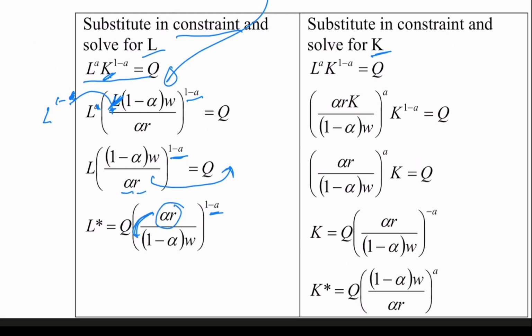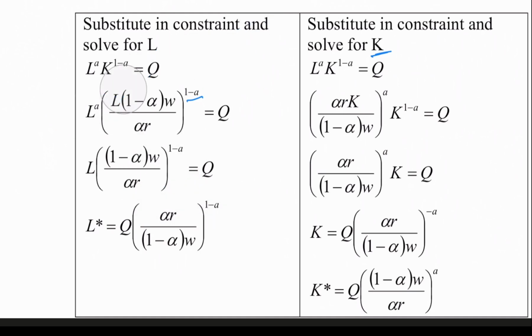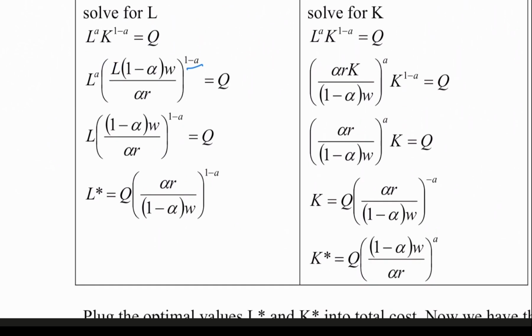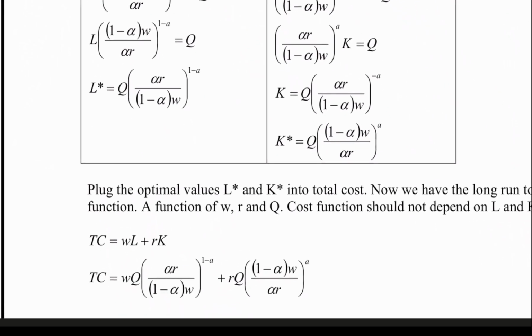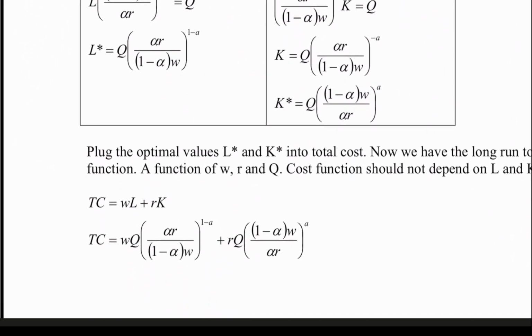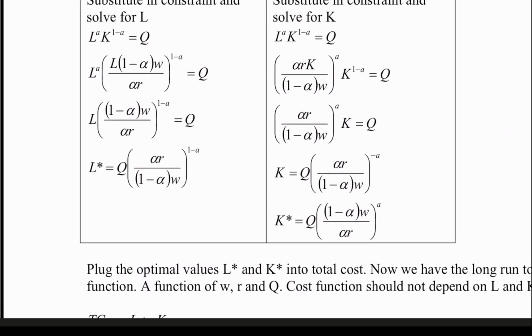Here it's in the numerator instead. So that's why I kept the sign and flipped inside the parenthesis instead. For K, it's really just the same story all over again, following the same type of mathematical steps, just doing it the same way as we did with L.